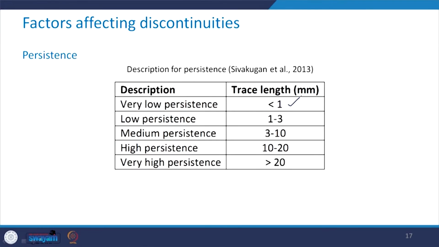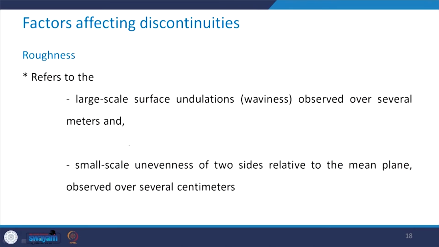If the trace length is less than 1 millimeter, then it is very low persistence. If it is 1 to 3 millimeter, then it is low persistence, and so on. If it is more than 20 millimeter, then it is very high persistence. So this is how the description for persistence can be defined based upon the trace length of the discontinuities.